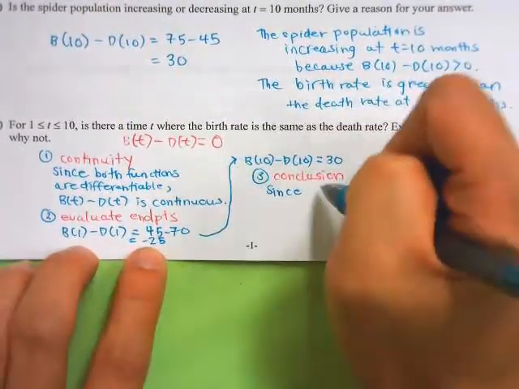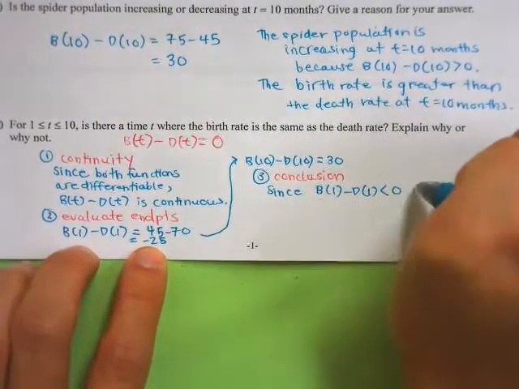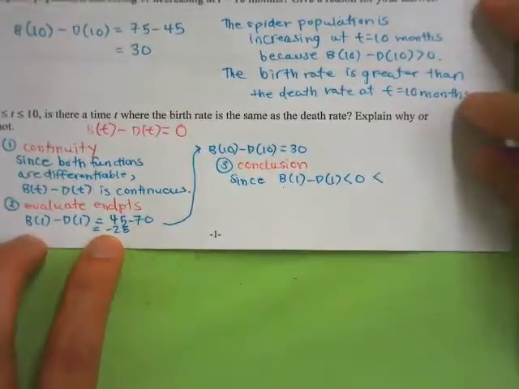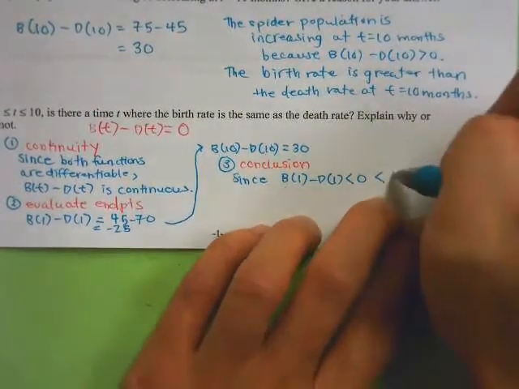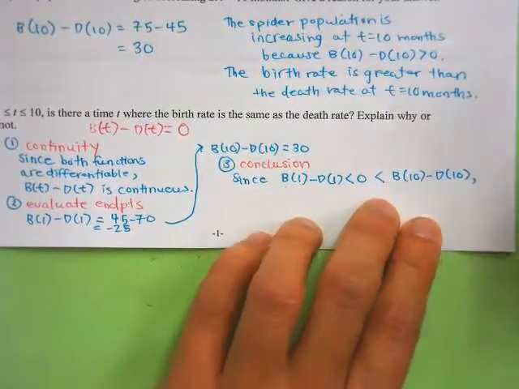Since, take your lower value first, b of 1 minus d of 1 is less than 0, which is less than b of 10 minus d of 10, your highest value.